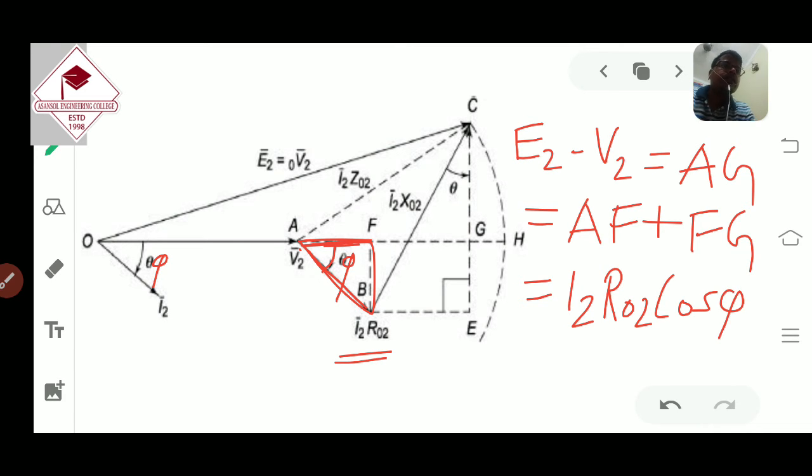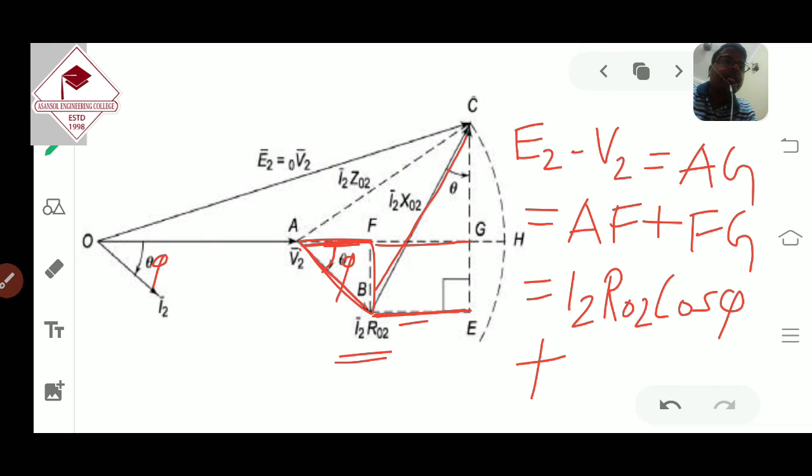This will be AF, plus now we need to find this FG. FG is equal to BE. Now how can we find this BE?